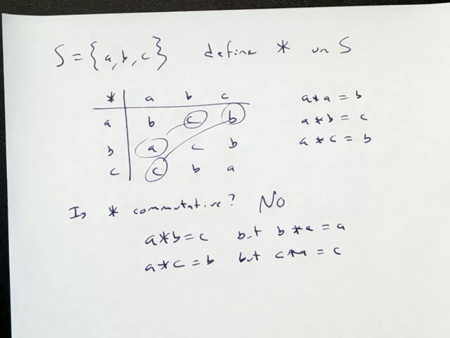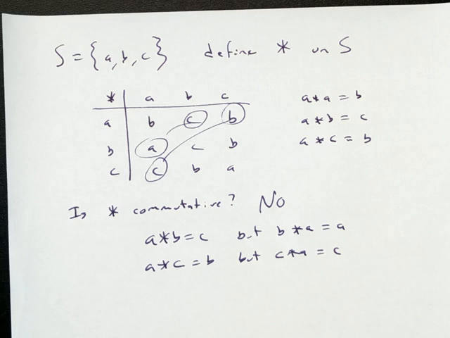However, to determine whether or not this operation is associative would require me to do 27 different calculations 2 ways. That sucks, so I'm not going to bother. I don't know if this is associative.